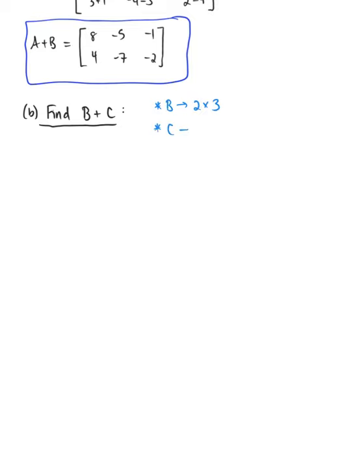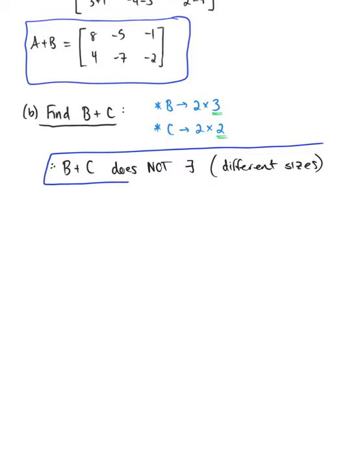And matrix C is a 2 by 2 matrix. So wait a minute, they have different sizes. So can we find the sum? No! Matrix B plus matrix C does not exist. Their sizes are not equivalent. And that's it. If two matrices do not have the same exact size, we cannot find their sum.